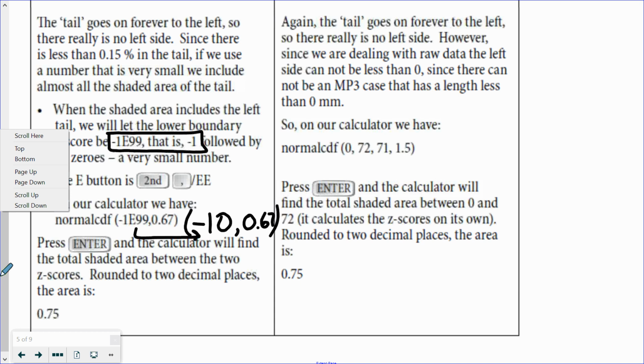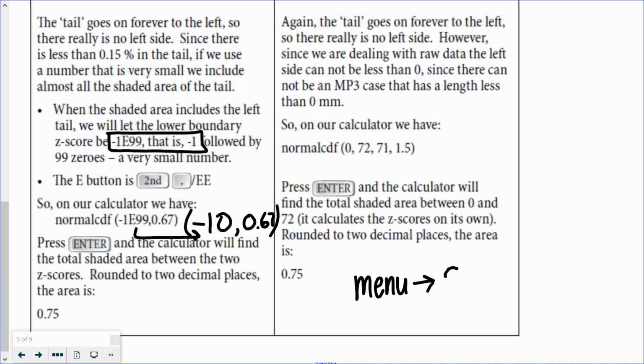So Casio peeps, you go menu, then you press stat, which is number 2. And then you press F5, which says dist or something like that above it.